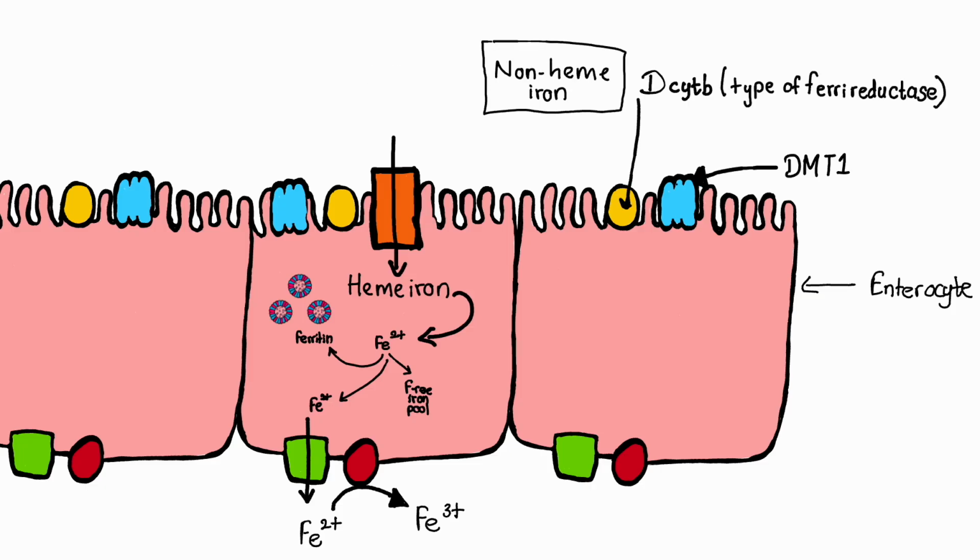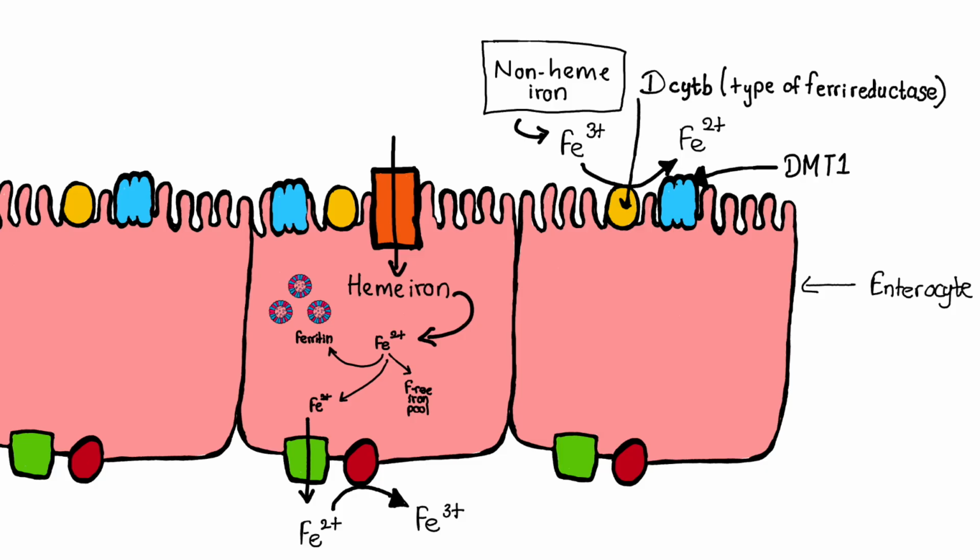Non-heme iron is typically available in the ferric state, that is Fe3+. Therefore, it must first be reduced to the ferrous state, which is Fe2+. This is done by the brush border enzymes. Specifically, they're called brush border ferrireductases because we want to reduce Fe3+ to Fe2+.